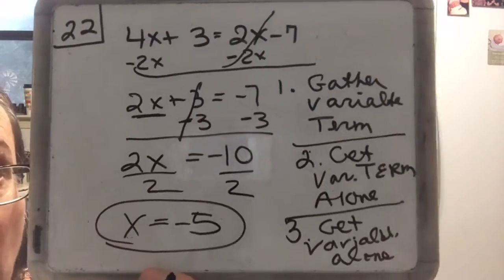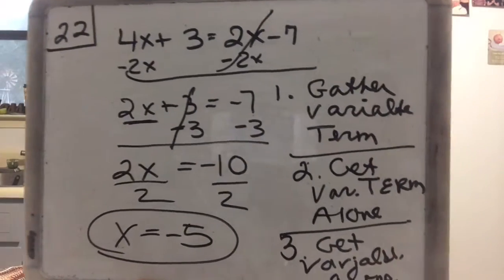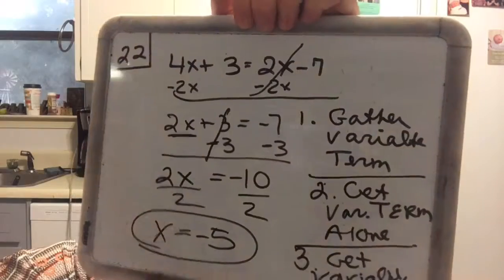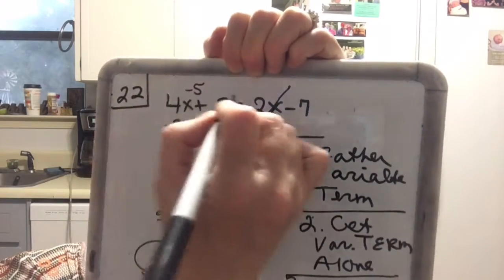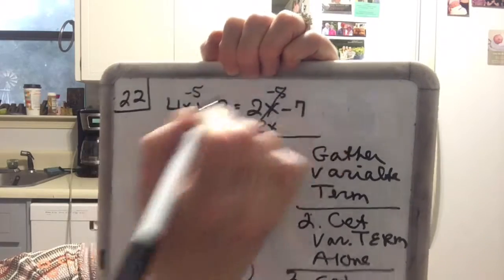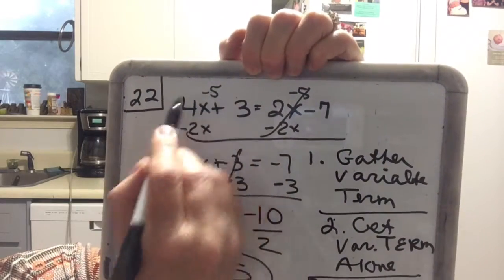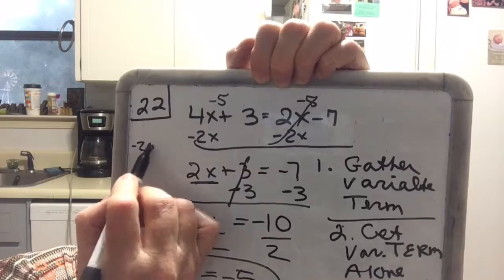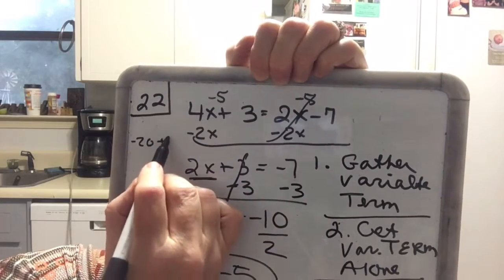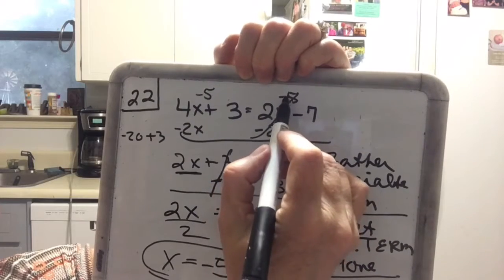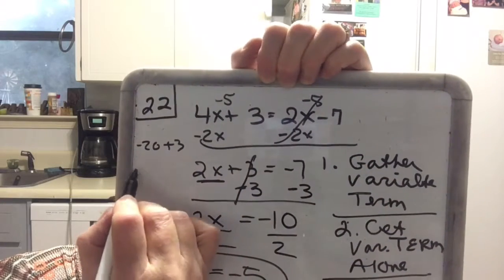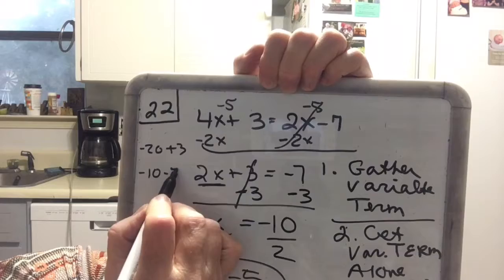But again, we don't know if that's the solution unless we go back and check. So we're going to plug x is -5 back in here, and go back to our original equation, and we're going to say -20 plus 3 on one side, and then on this side I'd get -10 minus 7.